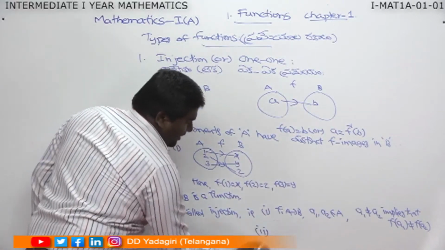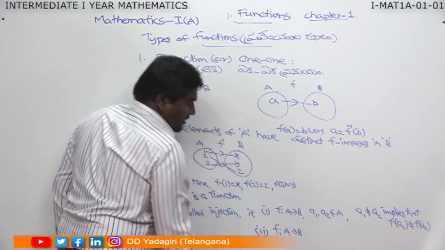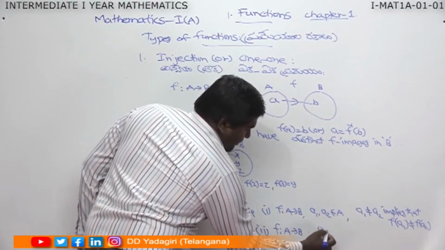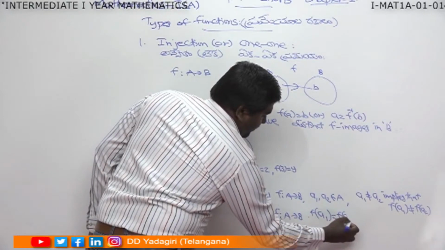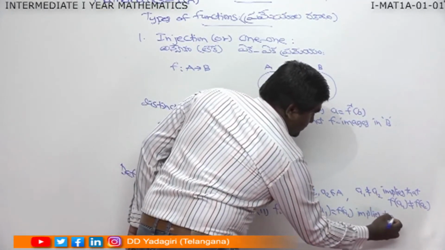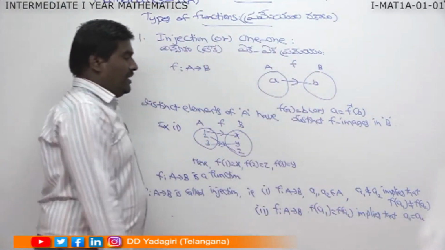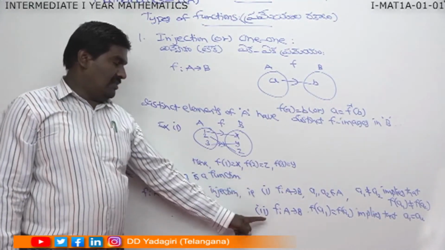Likewise, you may define it like this also. f maps A to B is a function, said to be an injection if f of a1 is equal to f of a2 implies that a1 is equal to a2. You may represent the same definition of injection like this.